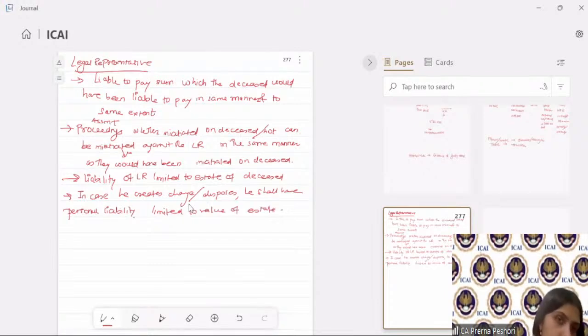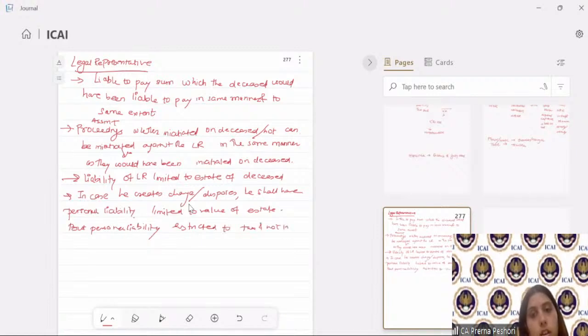But personal liability restricted to tax and not interest and penalty. Is that clear? Clear? Any doubt till now?